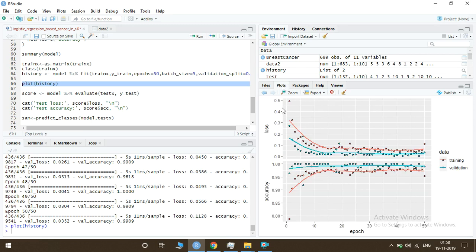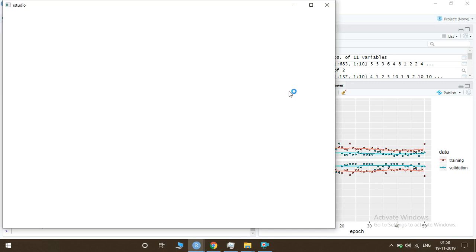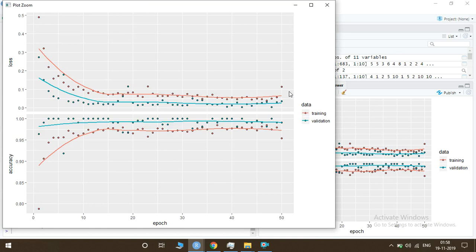If we click on plot, this is the history. Over here, the blue line is for validation and the pink line is for the training set.